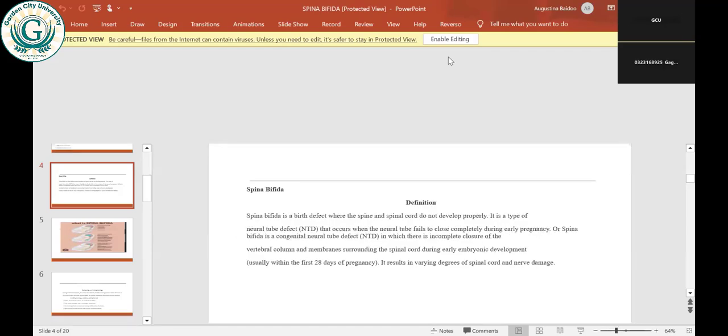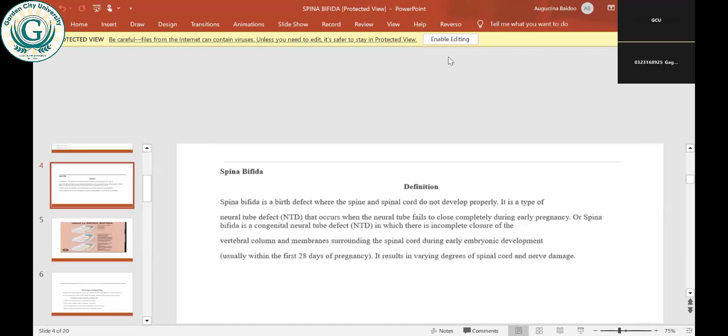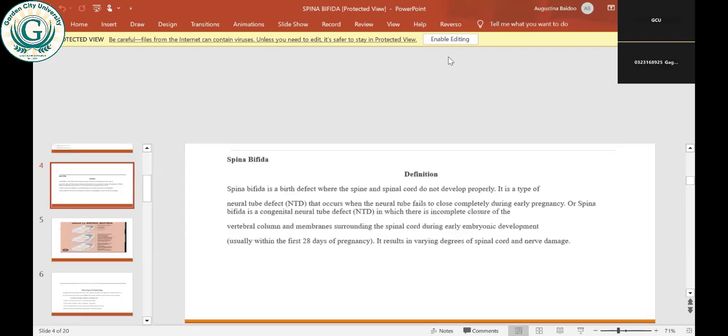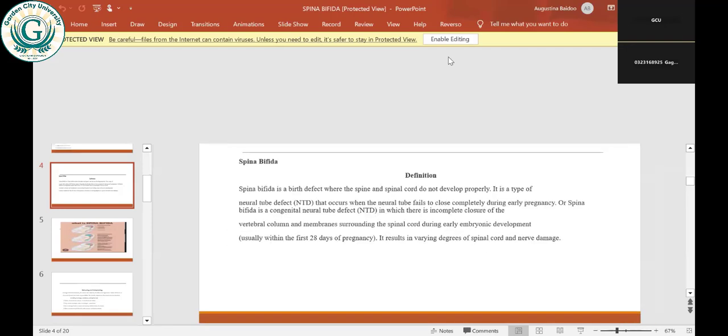So I was saying that what spinal bifida simply means is that it's a neural tube defect. In early fetal development, the ectoderm, which is the outer layer of the fertilized egg, starts to develop a ridge.